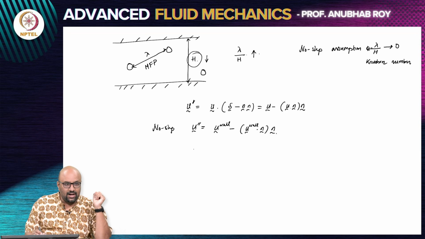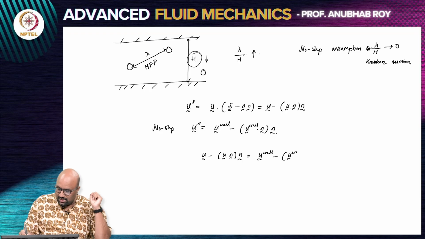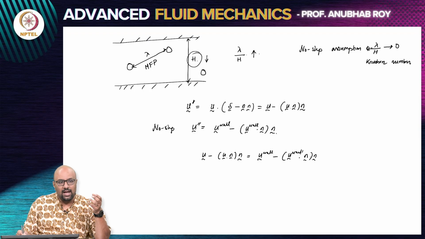But if there is an amount of slip in the problem, then the velocity at the wall, the tangential component, is going to disagree from the wall's tangential component. And if you do this from the kinetic theory point of view, the disagreement depends on the shear stress.